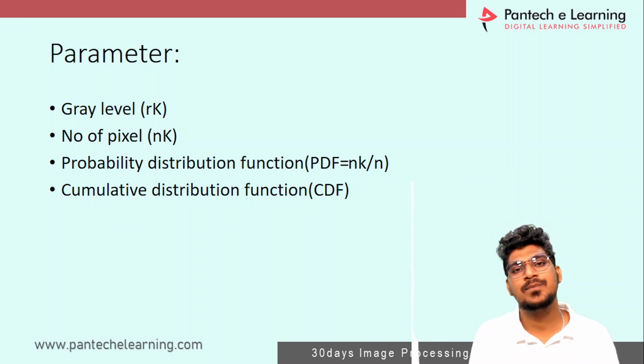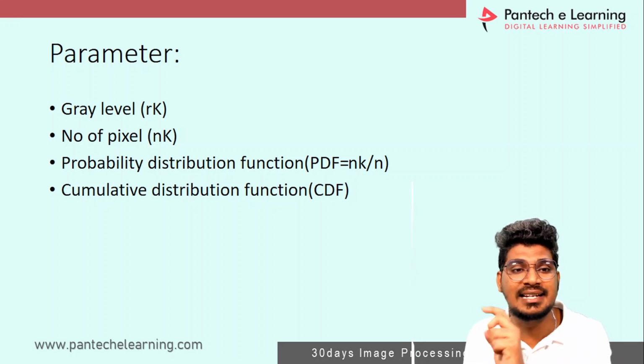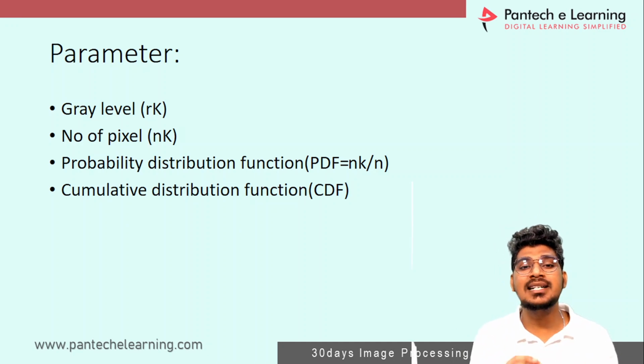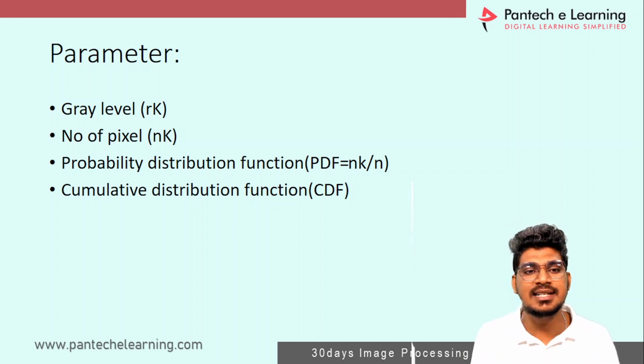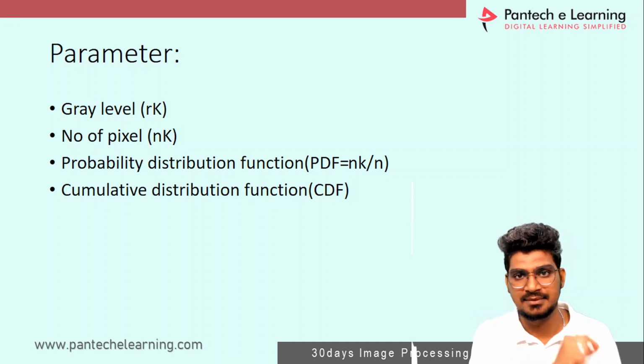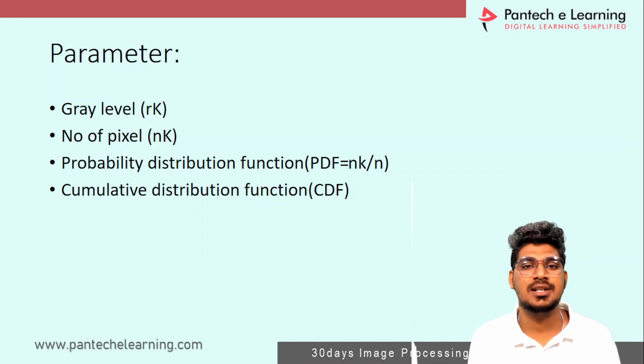That is k, the gray level; then the number of pixels, nk; and the probability distribution function, PDF, which is equal to nk divided by n; and the cumulative distribution function.